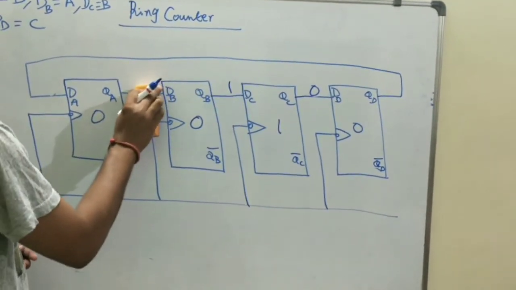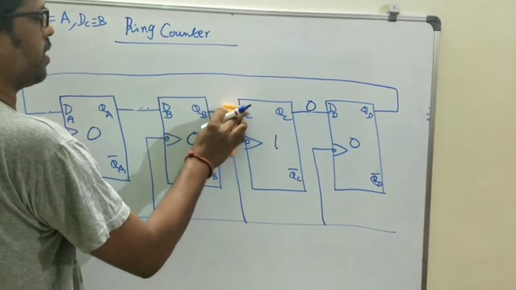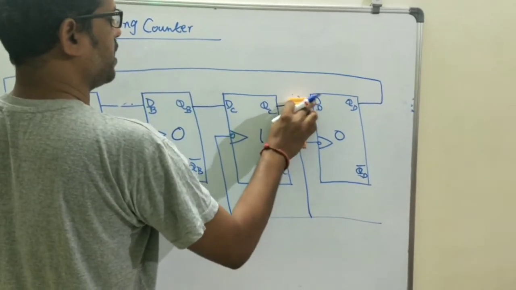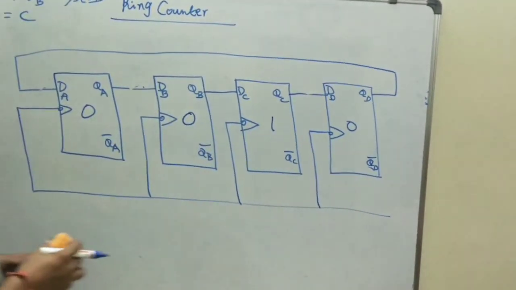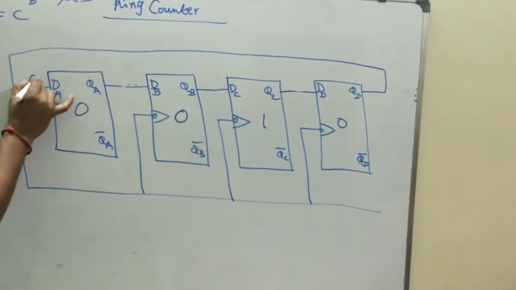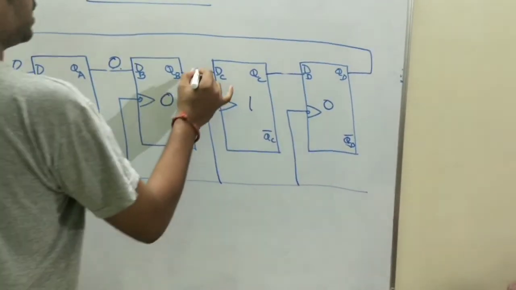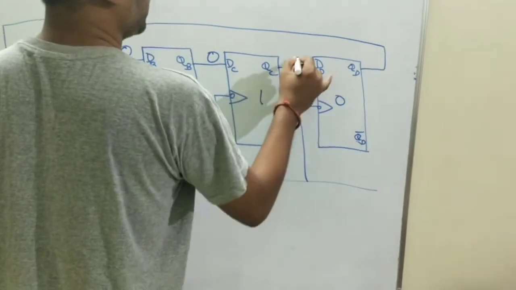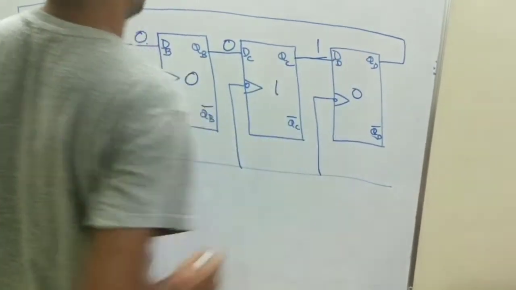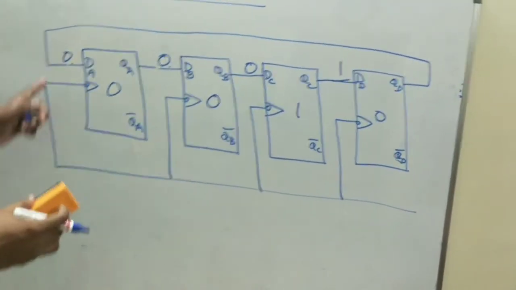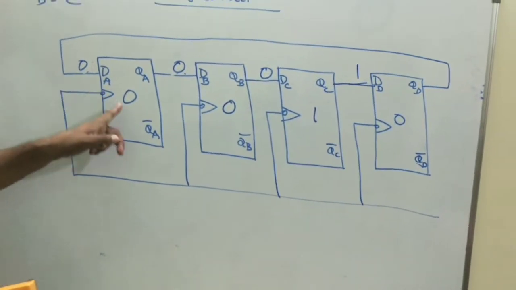Now we need to find the new inputs for all the flip-flops before applying the next clock pulse. What is the input for DA now? 0. For DB it is 0. For DC it is 0. For DD it is 1. Now you apply the clock pulse. DA input is 0, so 0 would be stored.